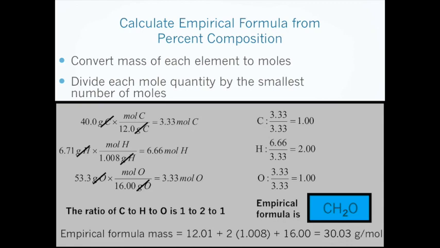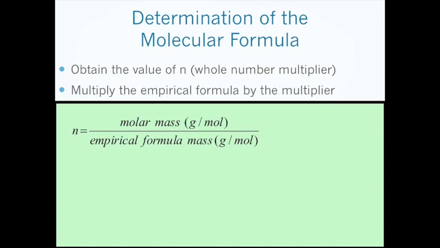And the empirical formula mass is 12.01 grams for 1 mole of carbon, 2 times 1.008 grams for 2 moles of hydrogen, and 16.00 grams for 1 mole of oxygen, for 30.03 grams per mole. Now, in order to determine our molecular formula, we obtain the value of N because we know the molar mass and we know the empirical formula mass.